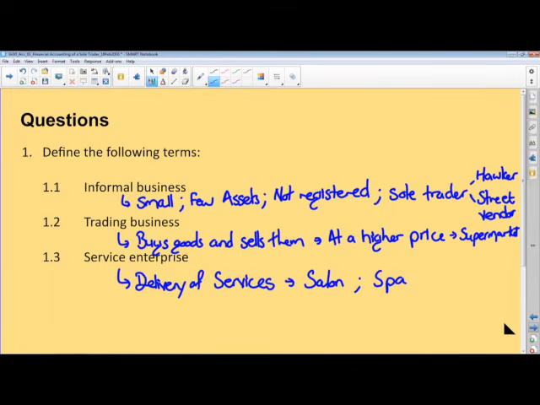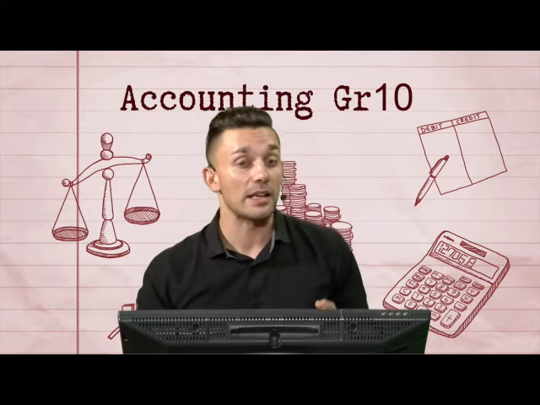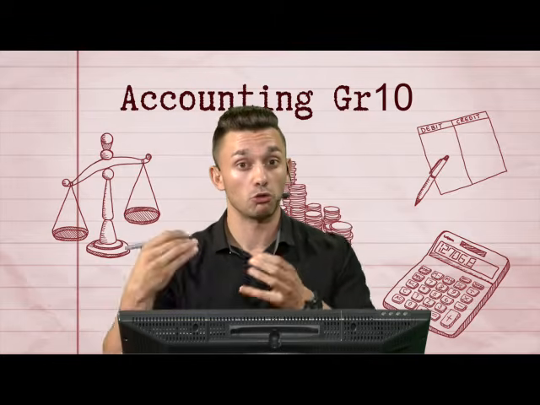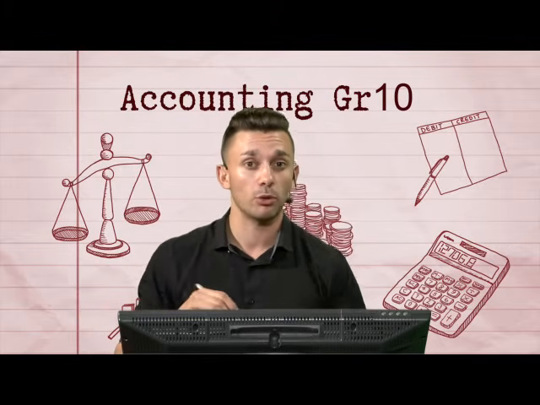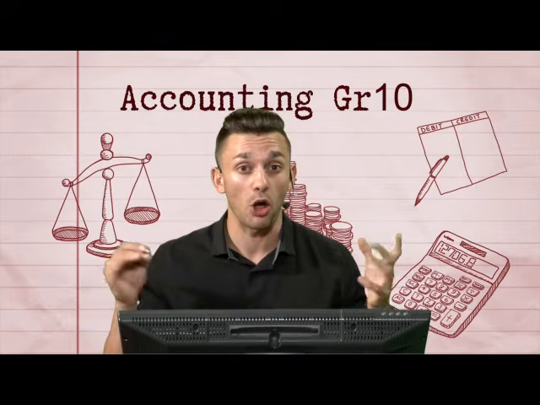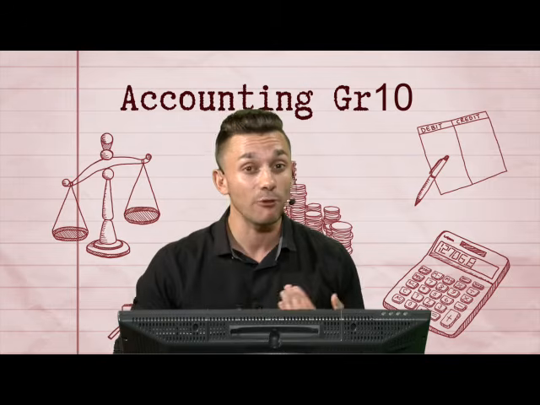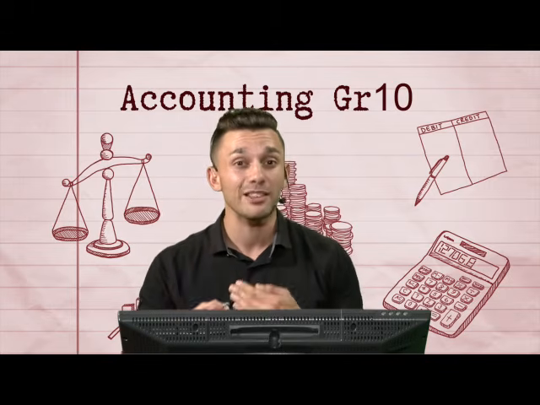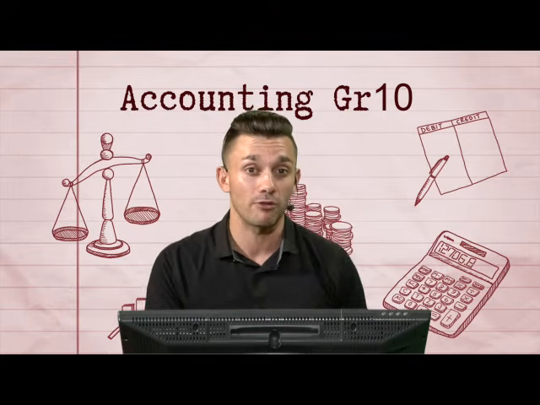Now, guys, remember, even a restaurant can be seen as a service enterprise because you go to the restaurant. Yes, you are eating food. Maybe you leave with a doggy bag, but mostly, hopefully, you eat up all your food, so you leave with a full tummy. And therefore, you've received something, but you couldn't take it home. And they rendered that service of preparing the food for you to make your life nice and easy.